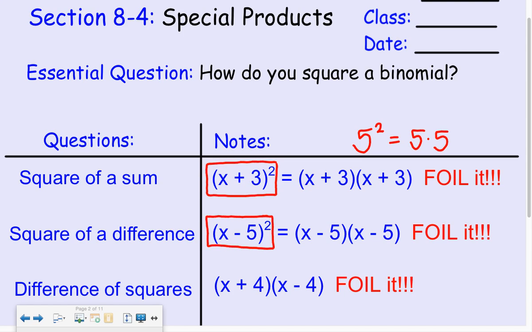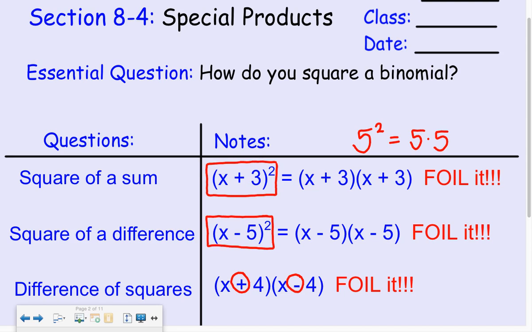So if I have a subtraction problem that I'm squaring, it's that problem times itself again. And then difference of squares means that my parentheses are the same, except I have one parenthesis with addition and one parenthesis with subtraction. So those are all of the different problem types you're going to see in this lesson.